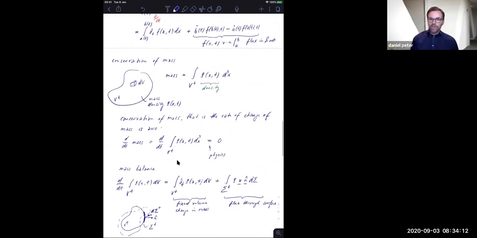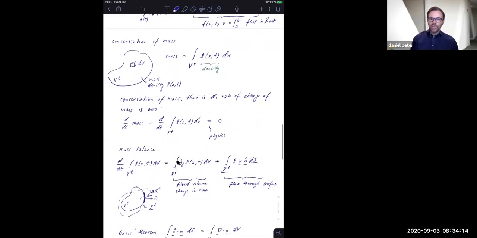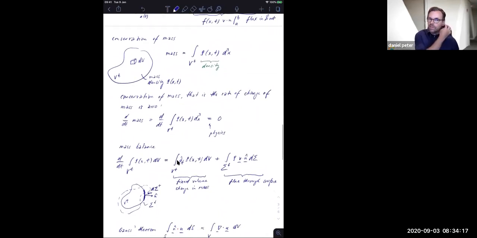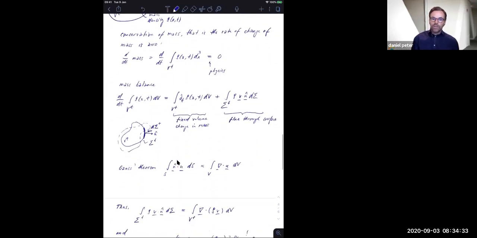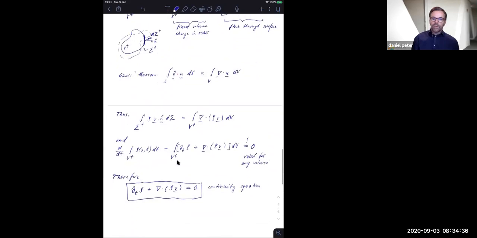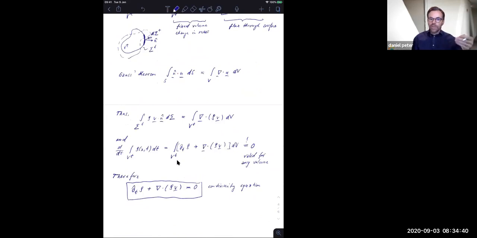Density can change with position and time. And again, conservation of mass means that the total mass has to be conserved over time. So the rate of change of the total mass has to be 0. That's the physical law. And if we write all that down, we come to this continuity equation. The rate of change of density plus the divergence of density times the velocity field has to vanish.